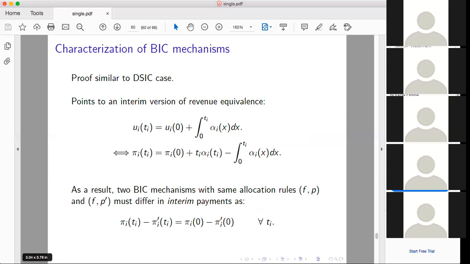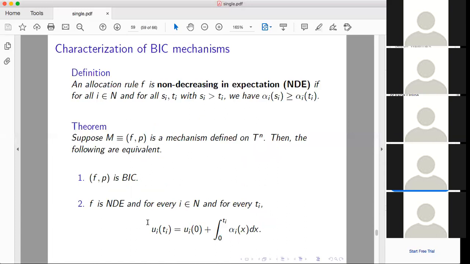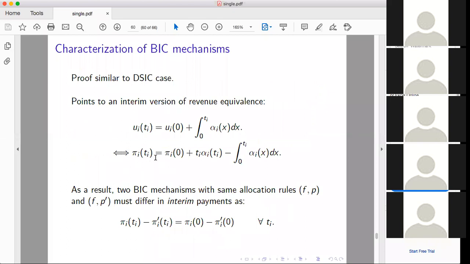And just like in the DSIC case, you can write down a payment version of this by expanding this U_i formula. If you expand it, it becomes π_i(t_i) = π_i(0) + t_i α_i(t_i) − this integral. Okay, so you can write down revenue equivalence easily.